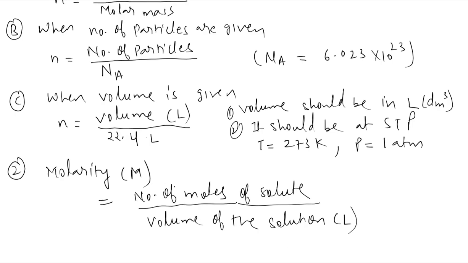Now you can see why these formulas where we studied how to calculate the number of moles are important, because in the rest of the formulas you will see that you are repeatedly using the number of moles formula again and again.